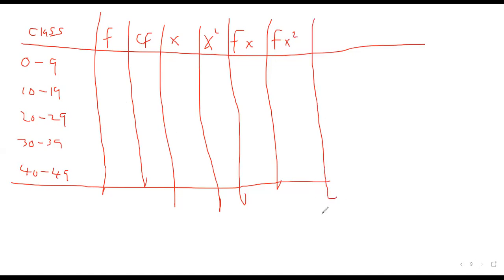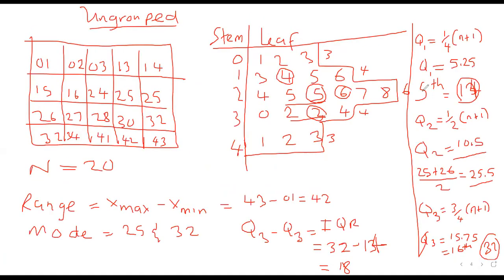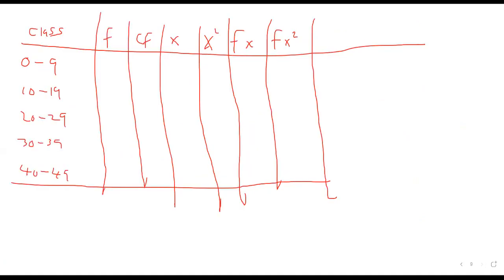So 0 to 9, the zeros in short, how many were they? We had 3 zeros, and the ones are 4. So 3, 4, 6, 4, 3. The total was 20. So the frequency, we have a 3 here.